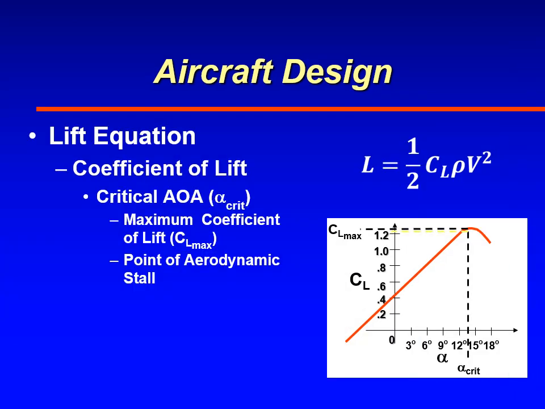That happens all the way up to a certain point. You have a maximum in the coefficient of lift at a point called the critical angle of attack. Beyond that point, the wing stops producing lift efficiently. And you get significant turbulence, which reduces the lift of the wing significantly.